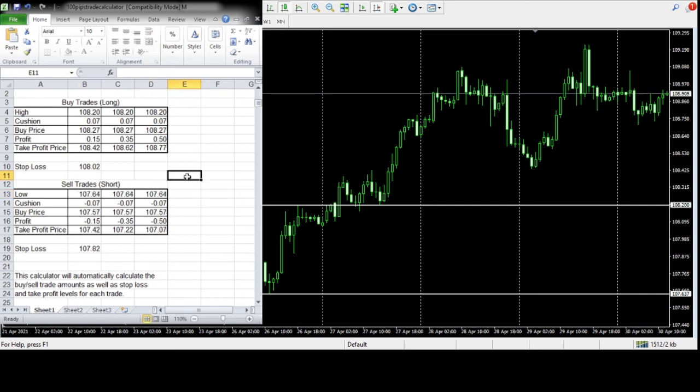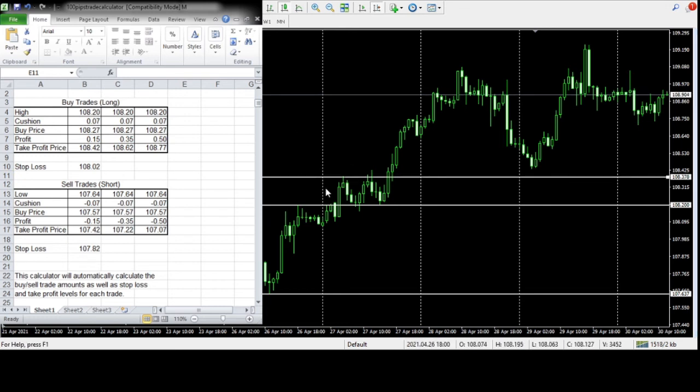All right, so the market gives us the buy entries. This is the buy entry price. The pending order is a buy stop. We are going to open a buy stop. Go to pending order, then check buy stop. 108.27.